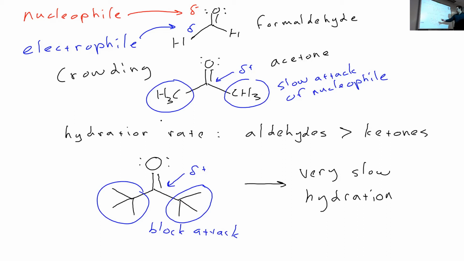So something like this would have a very slow reaction. You'd see very little hydration. Our acetone here is less crowded because we only have our methyl groups here instead of our T-butyl groups. So that would have a somewhat faster reaction, and our formaldehyde would have the fastest reaction of all, comparing our different carbonyls here.